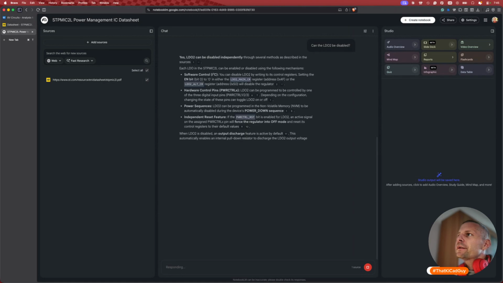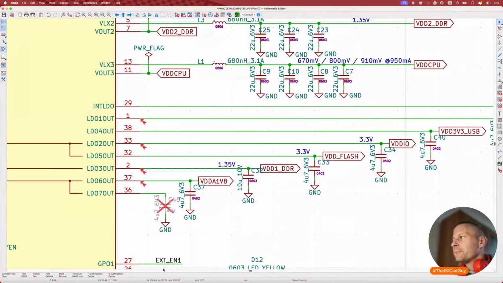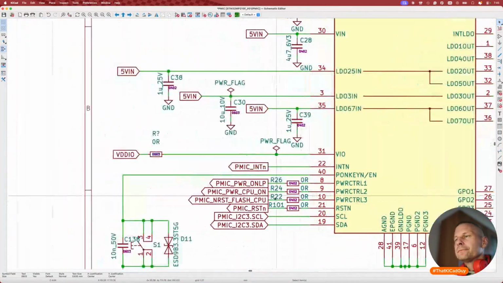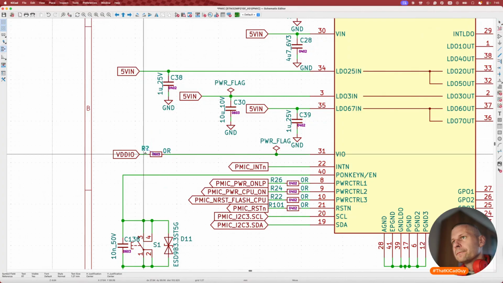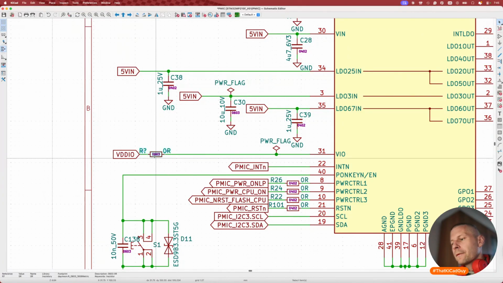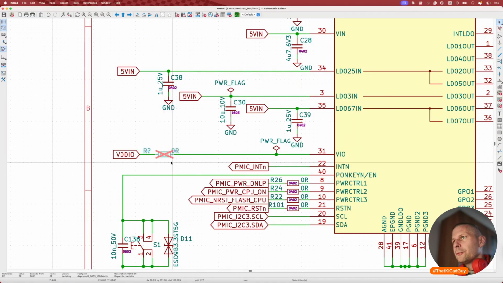Yeah, the same answer. Great, so it's confirmed. I definitely think that this improves the design.